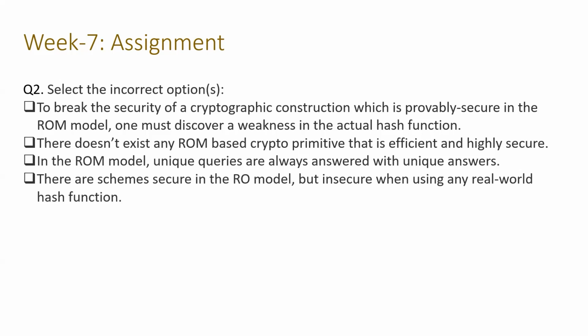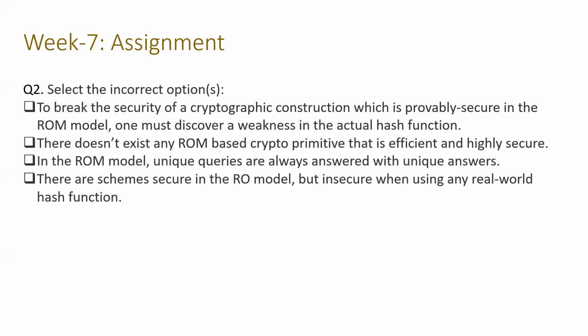So even if your queries are related to each other, the outputs should not be. Okay, so all the outputs you see by querying the random oracle should be independent of each other and uniformly randomly distributed, right? There are schemes secure in the RO model, but insecure when using any real-world hash function.